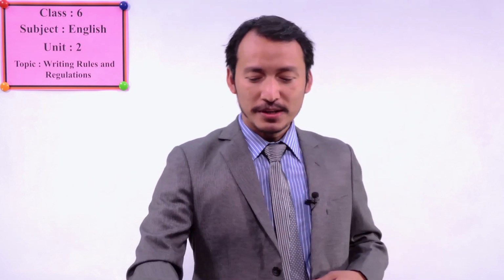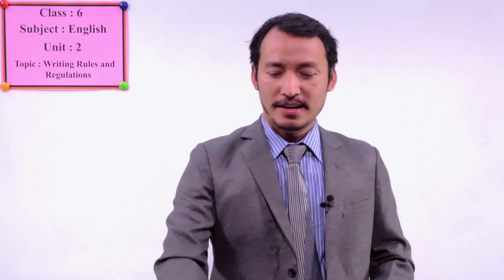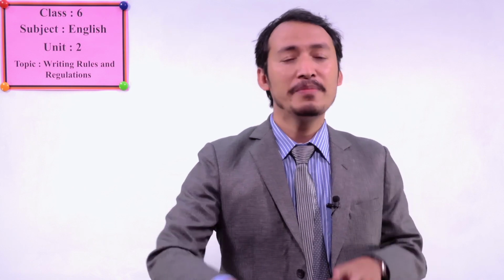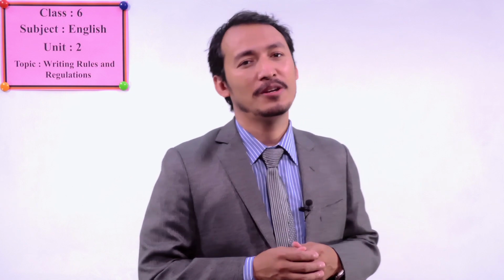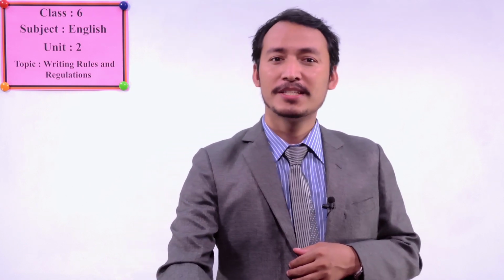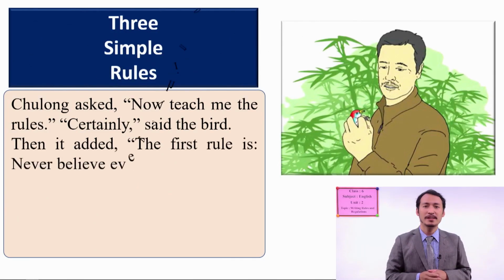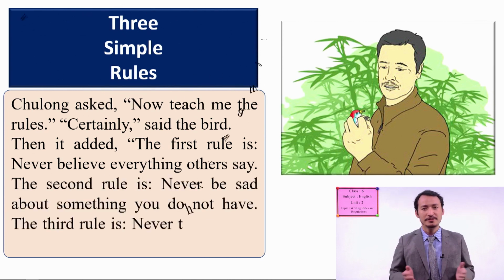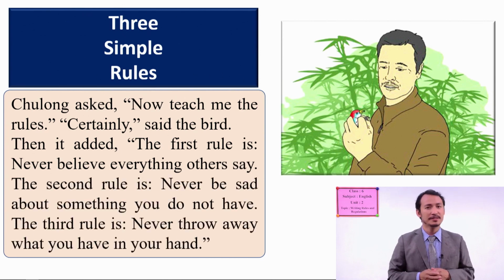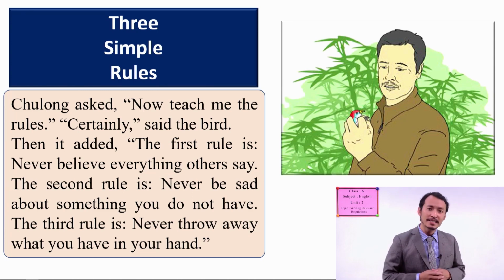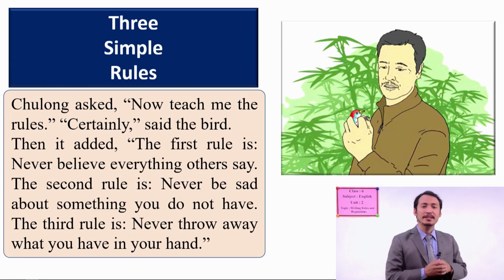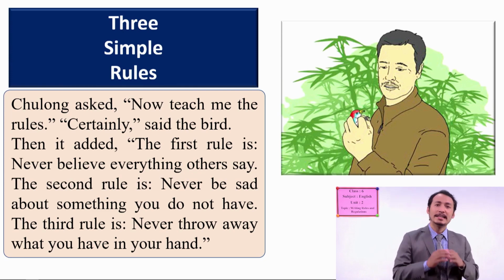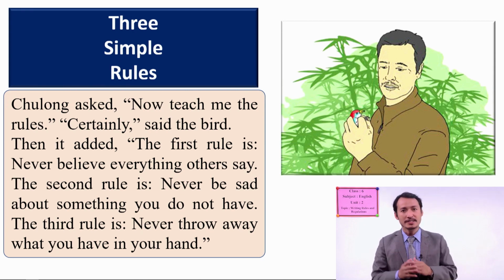Okay, so before starting the writing, let's remember our previous lessons that talk about rules. Do you remember this story, 3 Simple Rules? Yes, you do remember it, because it was a very nice story, right? In the story, the small beautiful bird gave 3 simple rules to the man who caught it.